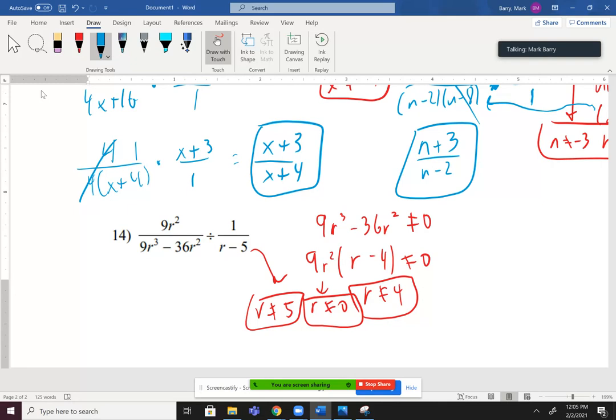All right. So now I'm ready to simplify. I'm first going to flip the second one and change it into multiplication. I never flip the first one, but when I write the bottom, I'm actually going to write it in the factored form from what I did over there. So we're going to go 9r squared times r minus 4.